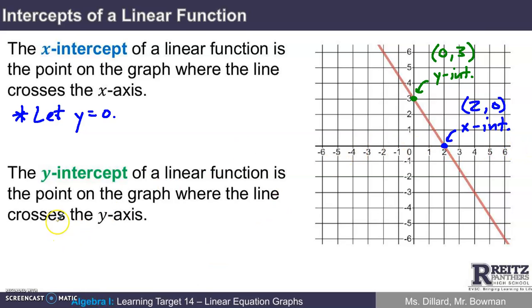Similarly, if you want to find the y-intercept, we want to let x be 0. Because the y-intercept is the line where all the x values are 0.